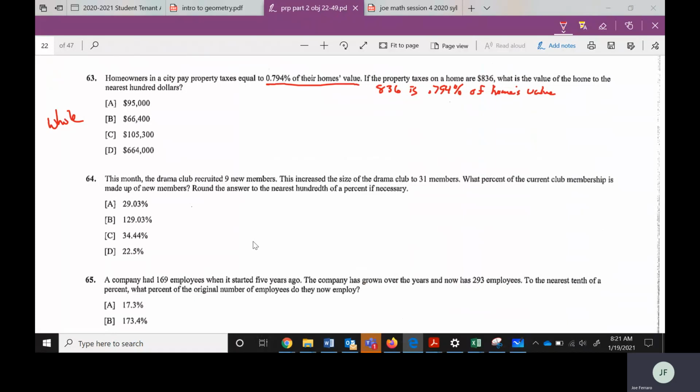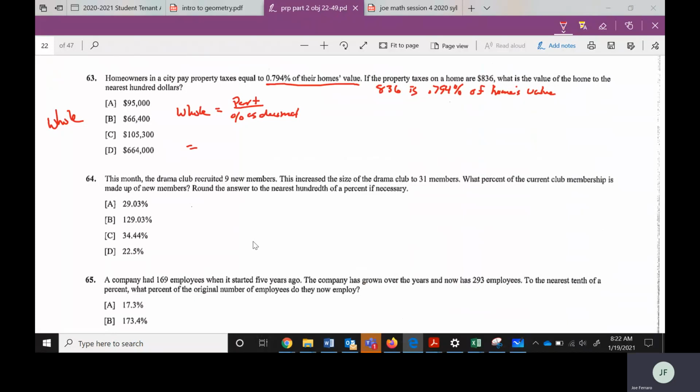But again, that tells us that this is the whole. That's what we're looking for, part and percent. So one more reminder, the only reason I'm finishing this problem is just one more reminder on this decimal, these really small decimals. So the whole, again, equals part divided by the percent as a decimal.